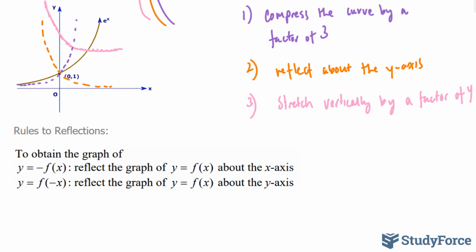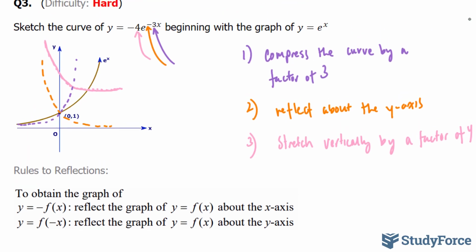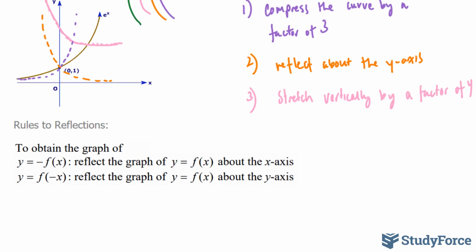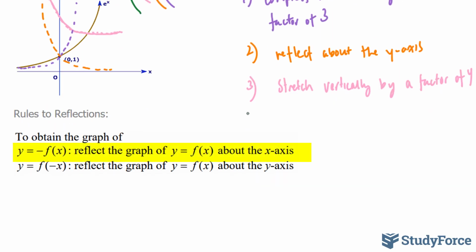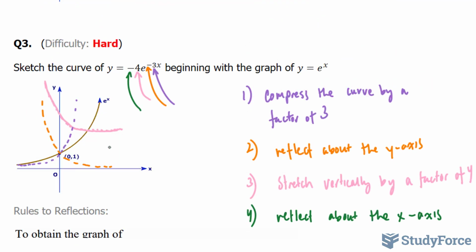And finally, in green, we'll have our last transformation, this negative. And what does that negative tell us? Well, according to this, that negative tells us that we have to reflect about the x-axis. And what this means is that we have to take a mirror image of this curve right here along the x-axis.